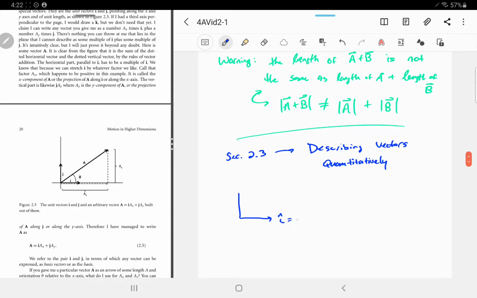Sometimes I'll be using these interchangeably: I hat, x hat, j hat, and y hat. Either of those two are specifying the two directions. So we're specifying a two-dimensional coordinate system. We're saying that our vector is going to live somewhere in the xy plane, or the vector will be spanned by i and j.